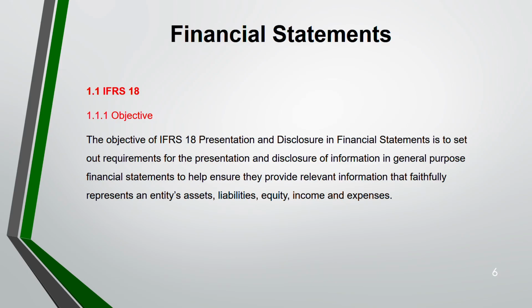In my previous lecture, lecture number 2, under the conceptual framework, I defined the meaning of assets, liability, equity, income, expenses. These are the elements of the financial statements. And the 2 fundamental qualitative characteristics are faithful representation and relevance. So IFRS 18 helps to achieve that objective: faithfully represent the 5 elements of the financial statements.